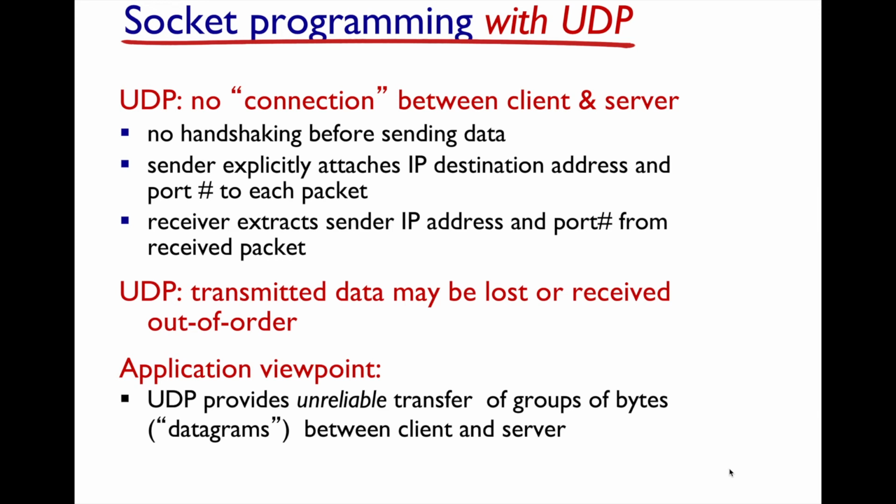And so the flip side is UDP is unreliable. It's not going to do any error checking. So if you use UDP, you could get data that's lost. You could get data that's corrupted, and none of these facilities are going to be there for you. And so if you are trafficking in something like audio, UDP is your choice.